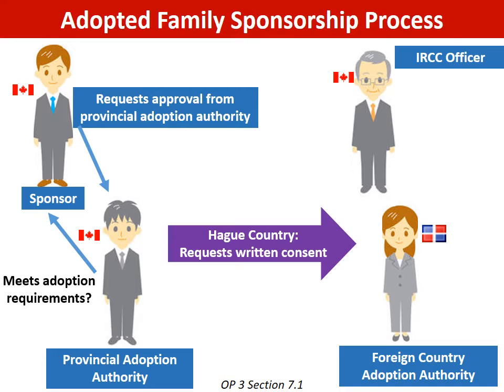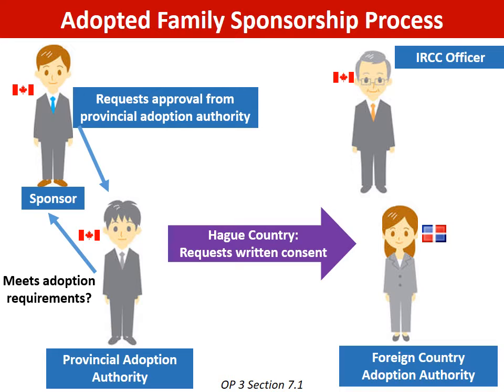Now, if the child is from a Hague country, then the provincial authorities would request written consent from his or her counterpart in the other country. Because remember, as Hague signatory countries, they have to have authorities in charge of adoption.